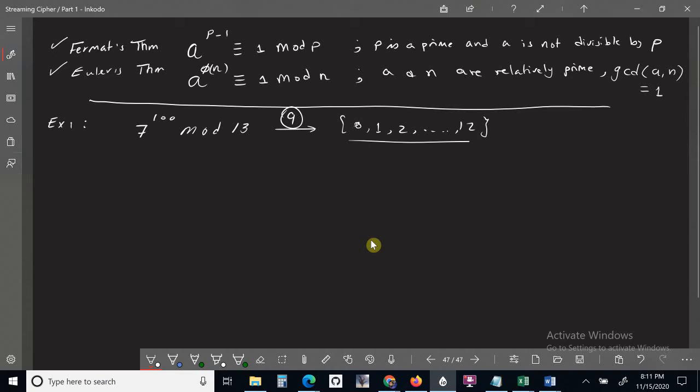Now in this example I want to use Fermat's theorem, and I'll use it as follows. Of course, in order for me to use it, I will definitely take a look at the modulus.